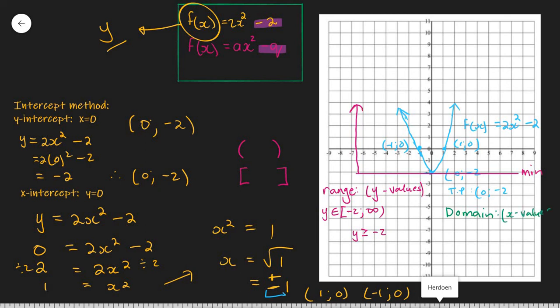Domain is my x values. Look at my graph, which is all the x values. This parabola arm is going to go on forever and ever, which means all the values to the left are included. And this arm is going to go on and on forever, which means all the values to the right are included. So in effect, my x values are an element of all real numbers.